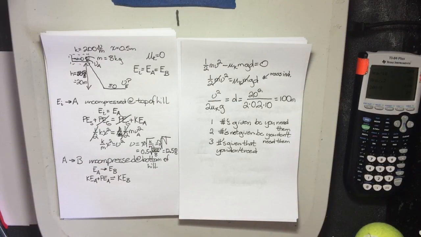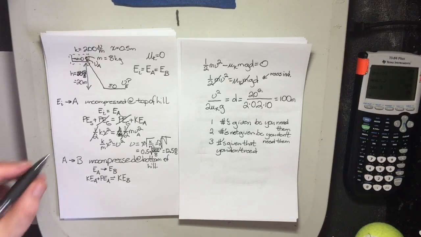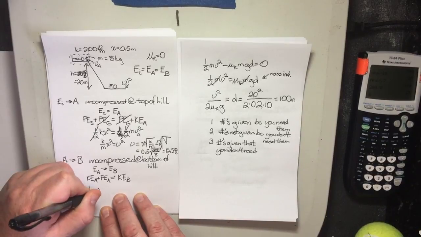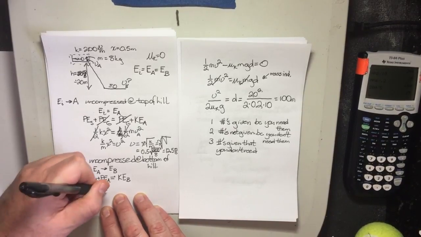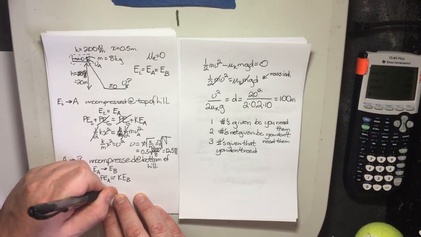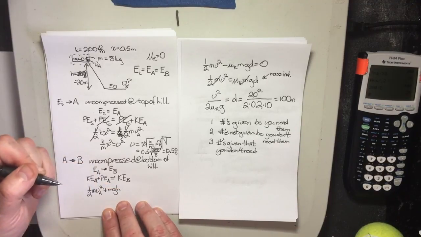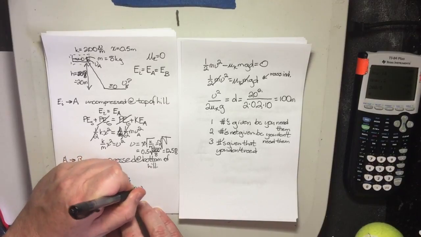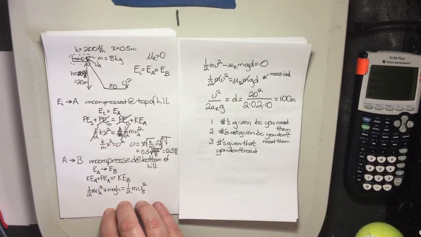Doing energy problems, it is critical to understand the energies at the beginning and the end of whatever problem you're working with. If you can set that up correctly, solving it is easy. 1/2 m VA squared plus mgh equals 1/2 m VB squared.